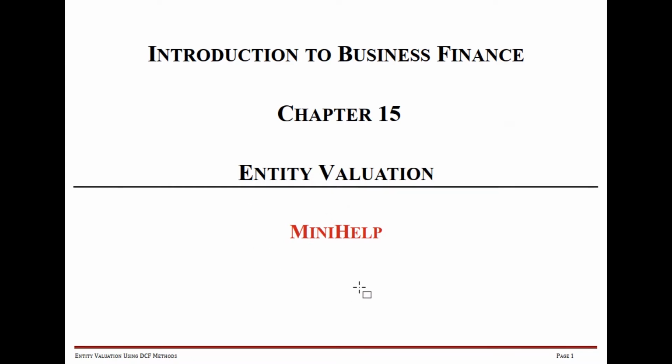I put together this MiniHelp because I've noticed that some students are having a little trouble figuring out when we're valuing an entity for shareholders or owners versus when we're valuing an entity for all stakeholders, which would include shareholders and lenders.